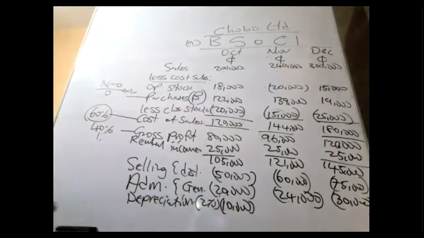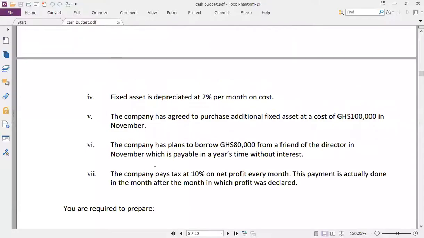What about October? So what about November? November will be 10,000, right? Each month. November, let's go to note number 5. Company has agreed to pay additional fixed assets at the cost of 100,000 in November. So November depreciation will be on 600,000.